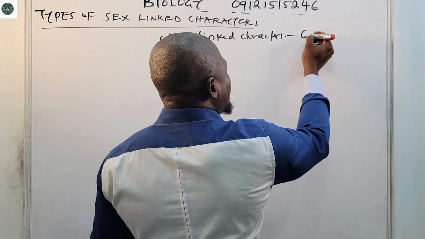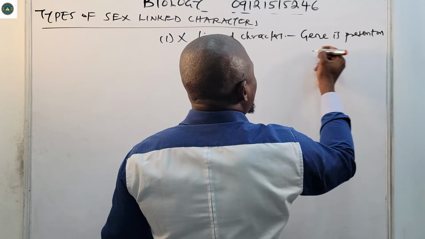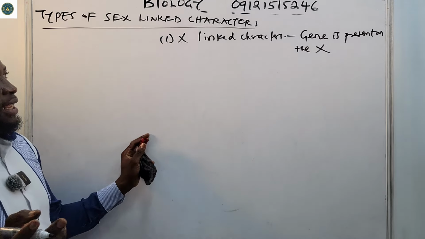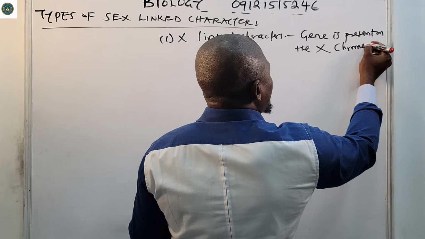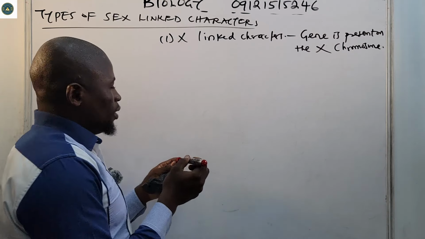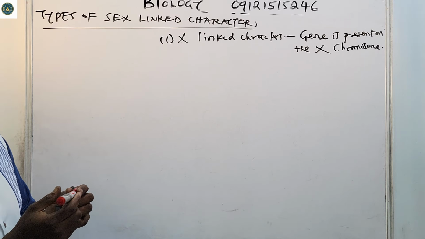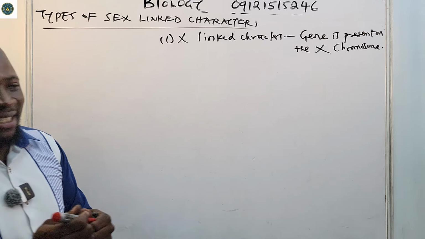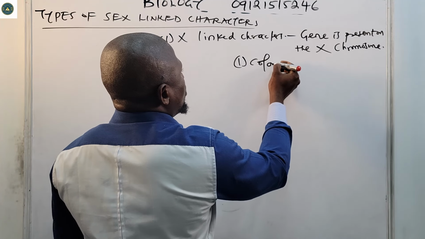It means that the gene is present on the X chromosome. So that is what X-linked character means: the gene is present on the X chromosome. Examples of this are, number one, color blindness.